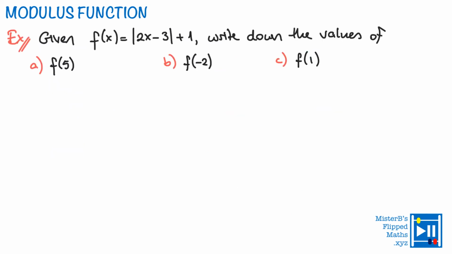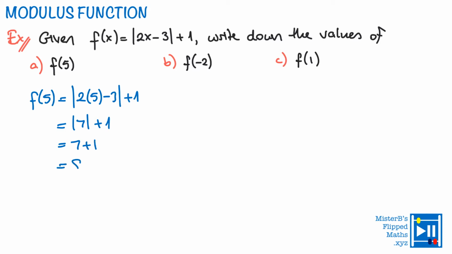Now let's see what happens with linear functions. Given this function, let's try to find the values of the following. For f of 5, I substitute 5 for x. So this means the absolute value of 2 times 5 minus 3, plus 1. I end up with 10 minus 3, which is 7 in absolute value, but this is 7 plus 1, so basically I have 8.